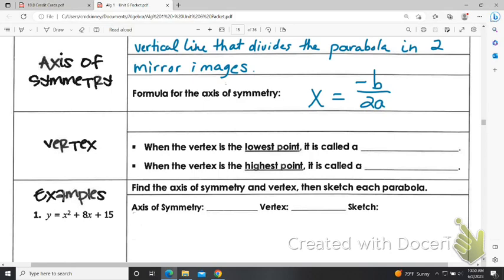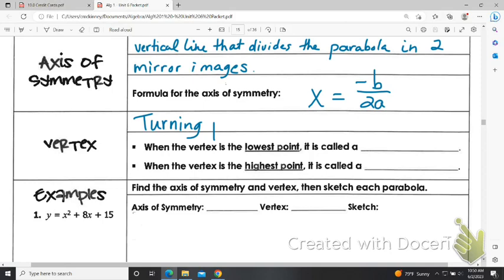So if we have a quadratic equation in standard form, that is actually where we're going to start to be able to graph it. We can start graphing it by using the formula for axis of symmetry. That axis of symmetry tells me that dotted line that would divide the parabola into two mirror images. The vertex is the turning point of the parabola.